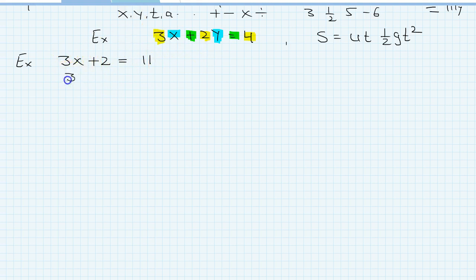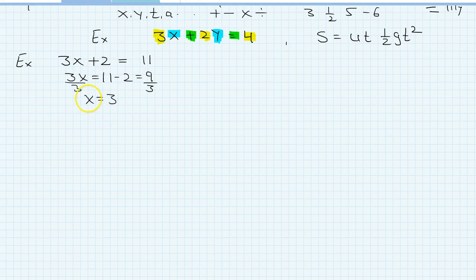So we can write that 3x is equal to 11 minus 2, that is 9, and divide both sides by 3. So we have x is equal to 3. So that is the solution.